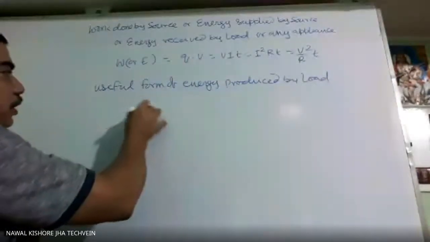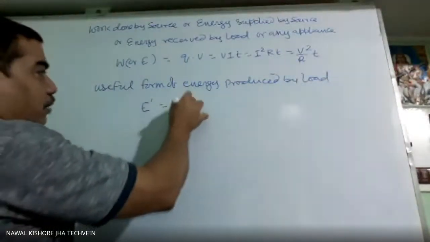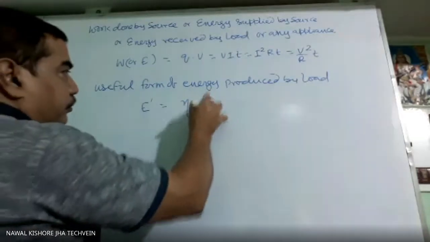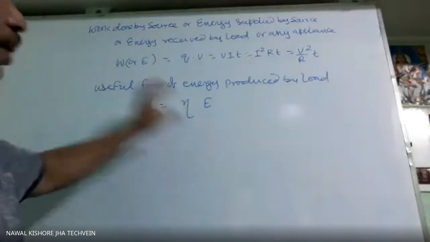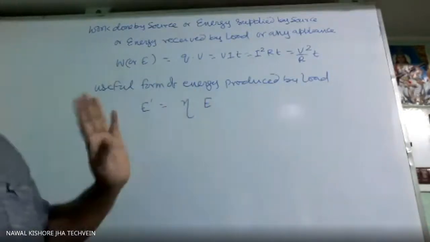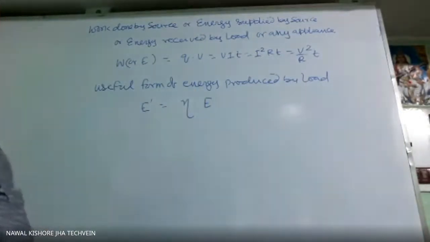This will depend on efficiency. If efficiency is 100%, E dash and E will be equal. If efficiency is not 100%, E dash will be less than E.